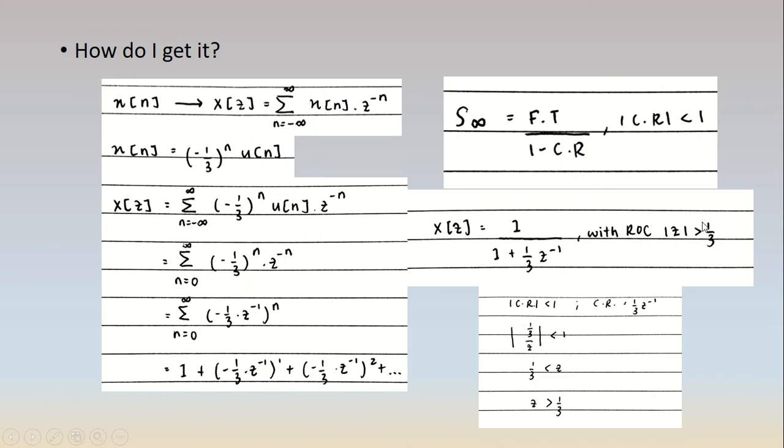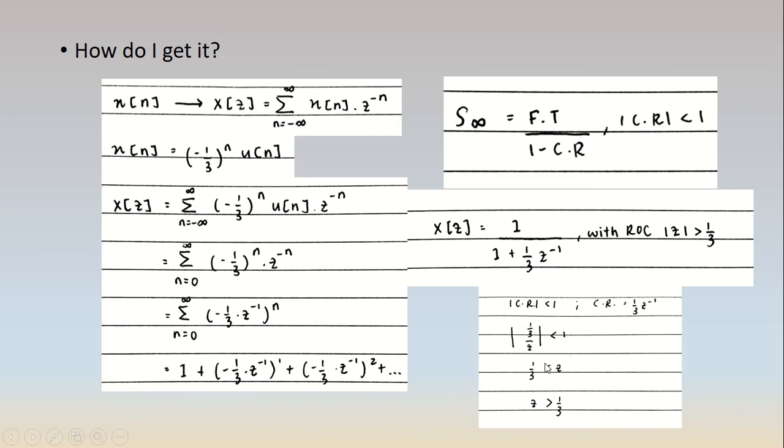So how do I get this value? We know that this is valid for the modulus of CR less than 1. So just substitute the value of CR, the modulus of -1/3 z^-1, we will get positive 1/3 multiplied by z^-1, which is over |z|, less than 1.